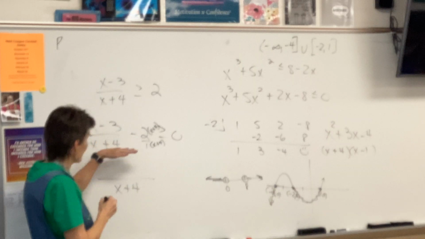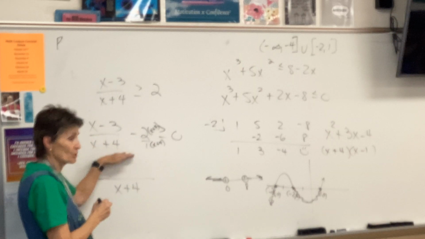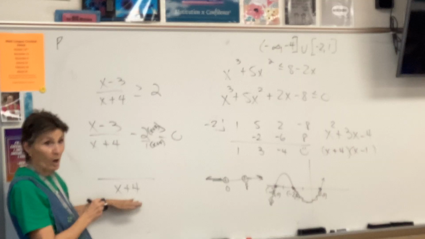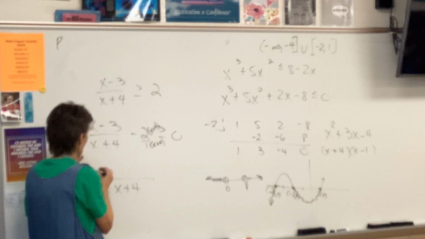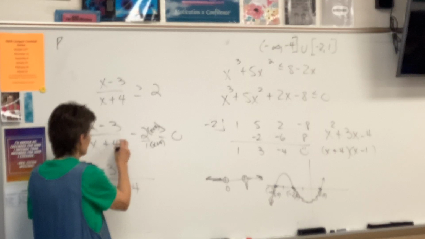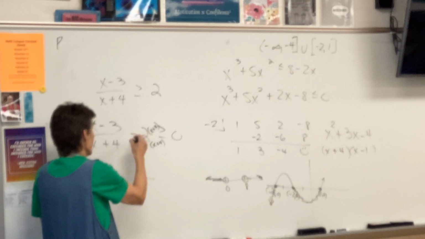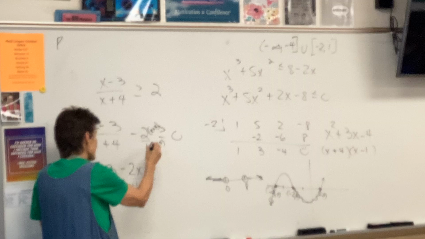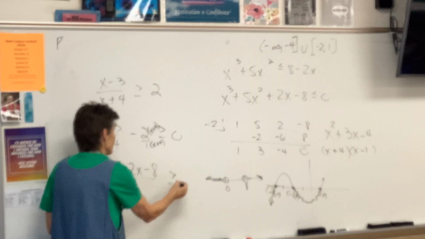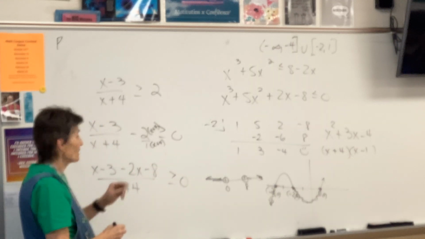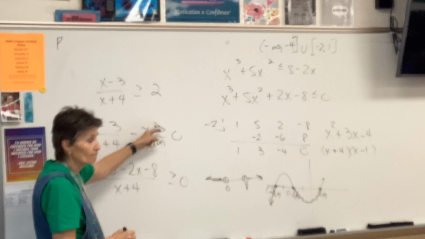So now instead of having 2 separate fractions, I can write it as 1 fraction. And the numerator will be x minus 3, be careful, minus 2x minus 8. Because I'm distributing here.